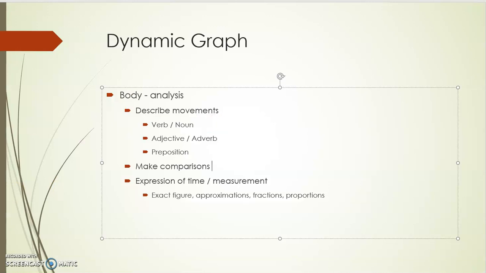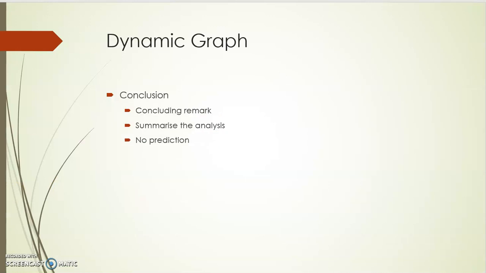Alright, so lastly, after you're done with the body, you can write the conclusion. So what are needed in the conclusion? You need to start off your conclusion with a concluding remark. Okay, we've covered this before. Example of a concluding remark includes in conclusion, to conclude, and so on and so forth.